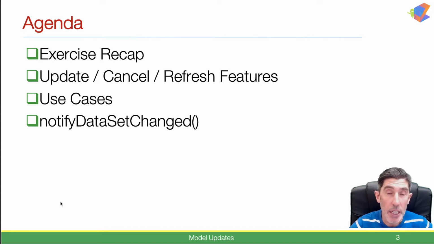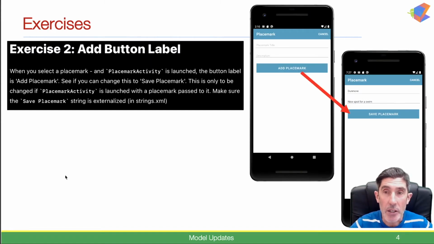We'll then look at the different use cases between a user adding a placemark versus updating a placemark, and then a little bit on the function notifyDataSetChanged, because it is quite useful and worth knowing about too.